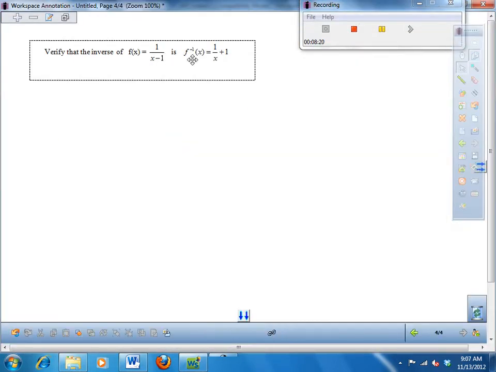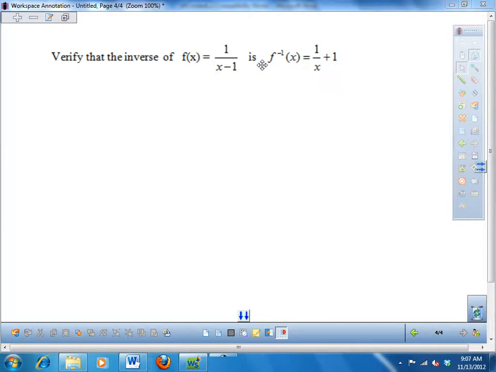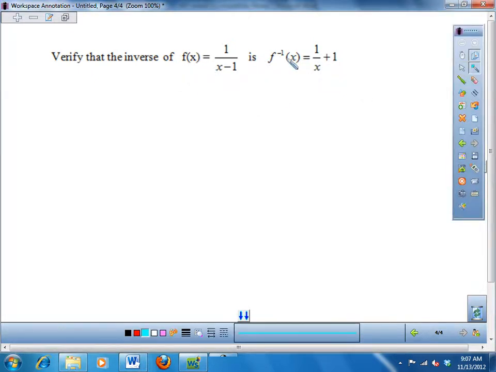All right, so let's do this. With this one, you want to do the same thing. So you want to show that f of f inverse of x is equal to x. So to do that, f of f inverse of x is going to look like, I'm going to take 1 over, and I'm going to take this mess and plug it in there.